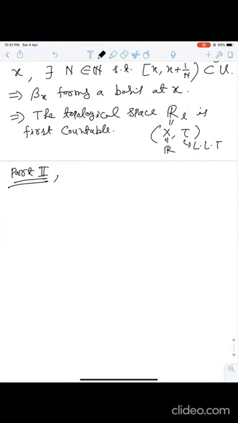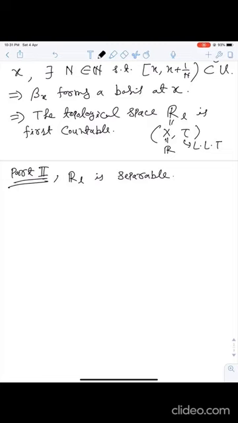Now for part 2 we prove that RL is separable. That means we need to prove that R with the lower limit topology has a countable dense subset. So can you guess what is the dense subset?